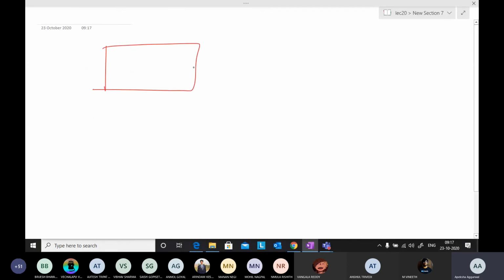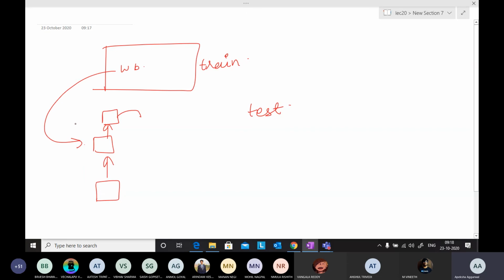So you will train your model on the Shakespeare text, and at the time of testing, you will give only one word as input and it will generate something on its own, using the weights and biases that were trained. It will generate the first word y, and this first word is given as input to the next layer, and it will generate the next few words automatically. So first word, second word, up to n words, it will generate automatically.